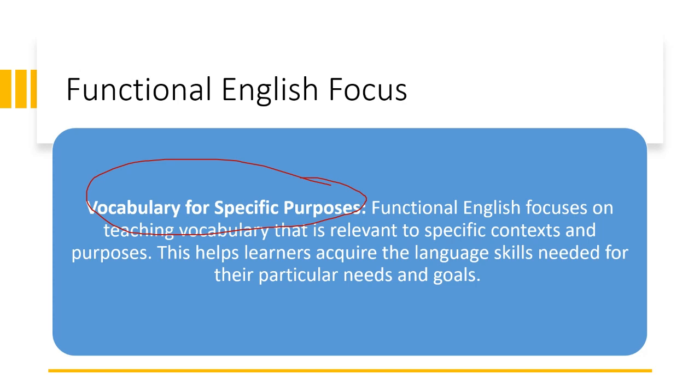If the person is studying social sciences or computer sciences or business studies, they would be taught the vocabulary relating to their specific fields. So functional English focuses on teaching vocabulary that is relevant to the specific context and purposes. This helps learners acquire the language skills needed for their particular needs and goals.